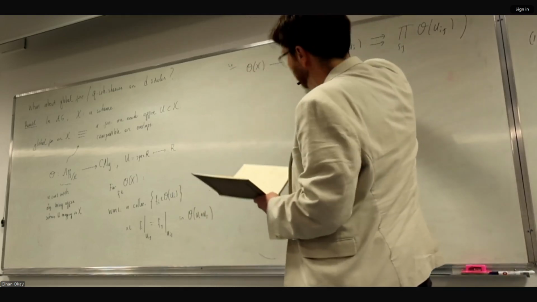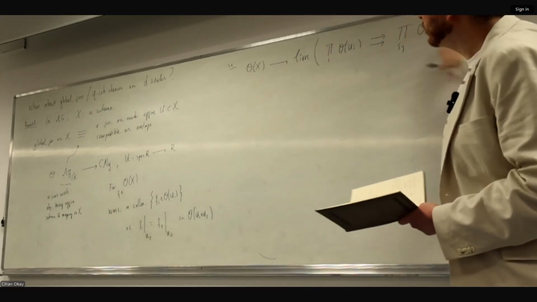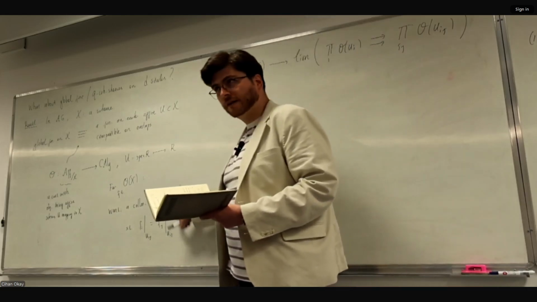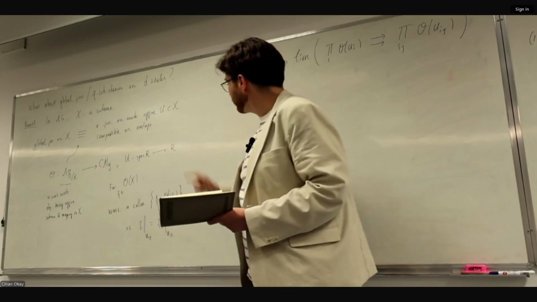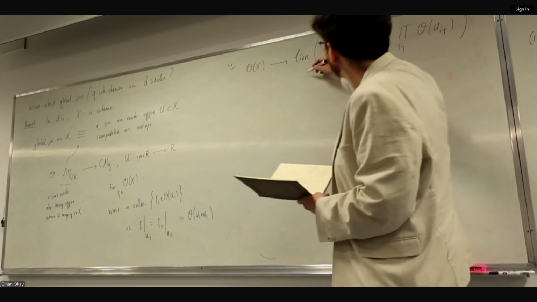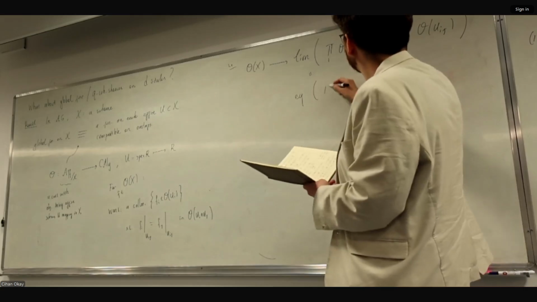Remember how to define limit. This is the equalizer of this diagram. Okay, some object satisfying these properties. So a global object satisfying these properties. So this is what we want essentially. I mean, here the limit is just the equalizer of this diagram, right?